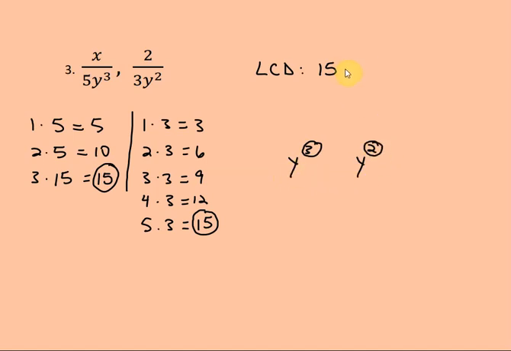So we're going to put y to the third, the maximum number of times, in our least common denominator. So when we have variables that are the same, we're going to use the one with the biggest exponent for our least common denominator. So 15y to the third would be our least common denominator.